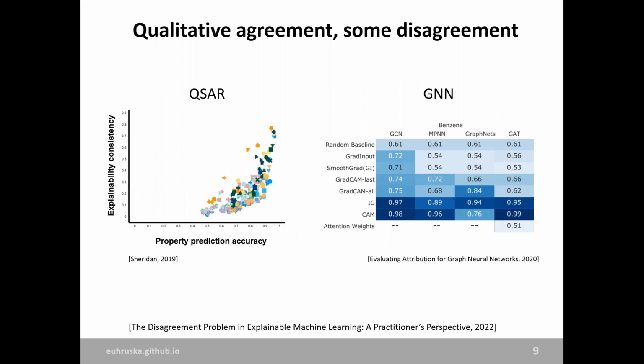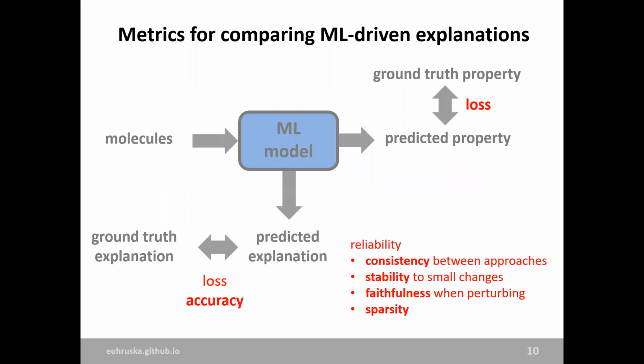And some papers term this the disagreement problem. So from this starting point, I want to continue and figure out why there are these different results.